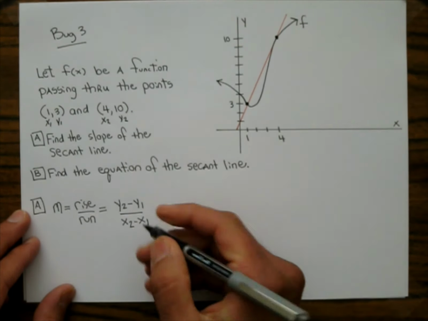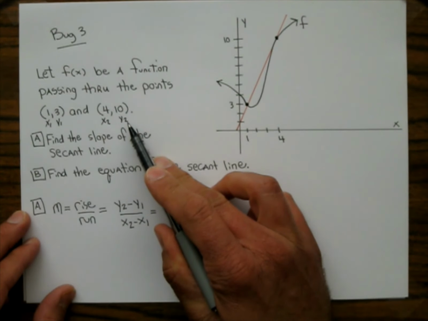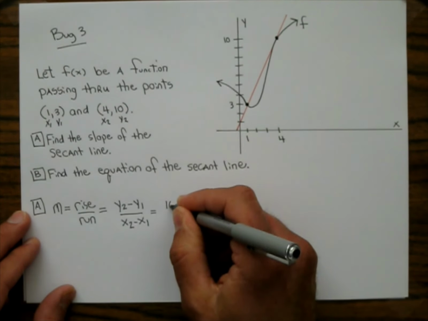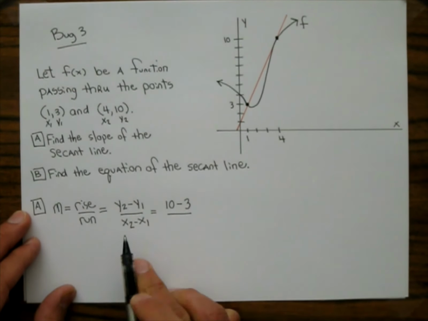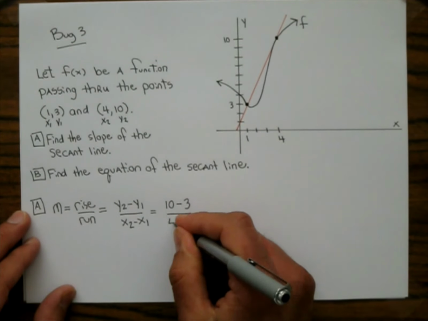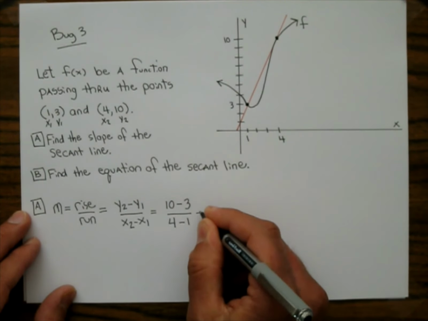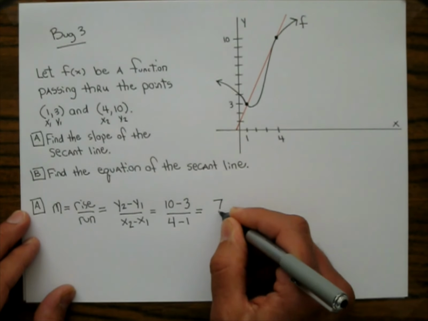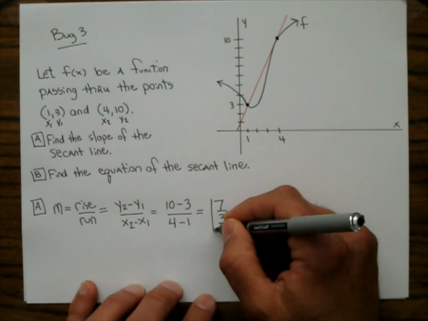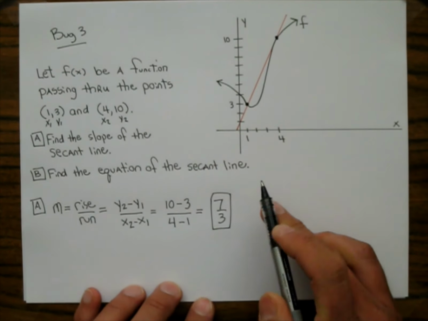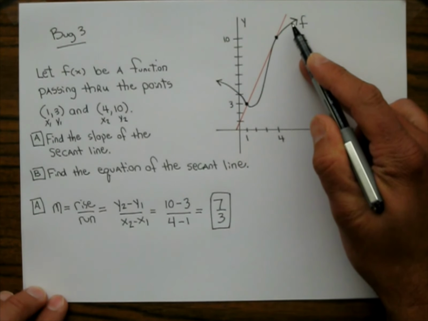I'm going to plug those into this formula here, and we have y2, which is 10, minus y1, which is 3, over x2, which is 4, minus x1, so minus 1. So this gives me 7 on top and 3 on the bottom. So this happens to be the slope of this secant line.